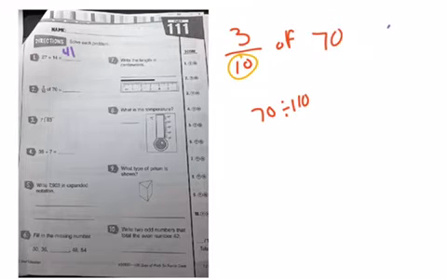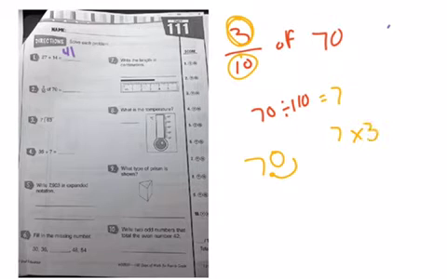When I do 70 divided by 10, when I have powers of 10, remember I can move the decimal point over, I get 7. Now I want 3/10 though. I got a 3 right here, right? So I have to do 7 times 3. And then I get 21. So my answer for number 2 is 21.